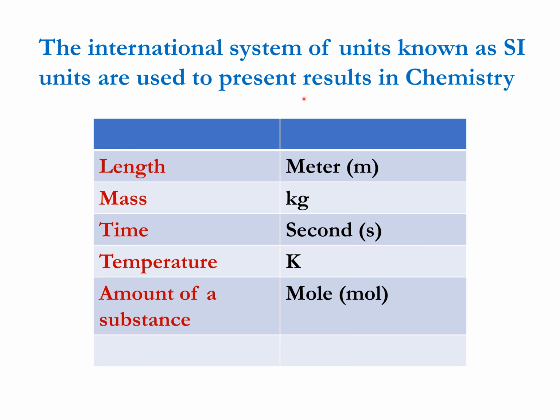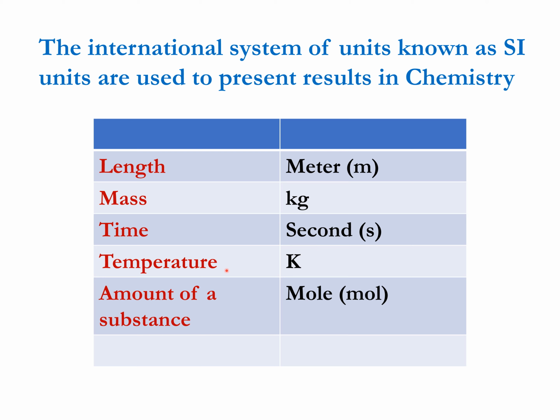Say, for instance, if you measure length, length is measured in meter. So this is the acceptable unit. If you measure mass, mass is measured in kilogram. Kilogram is the SI unit of mass. If you measure time, time is in second. That is the SI unit.